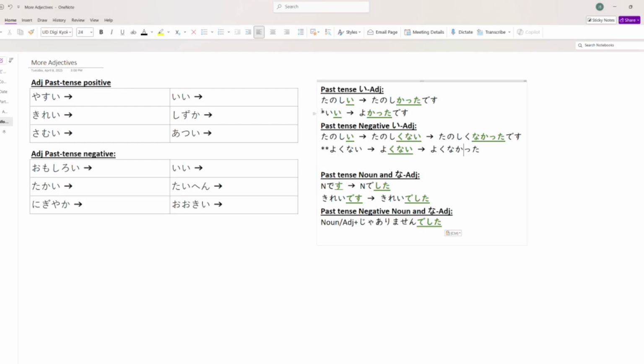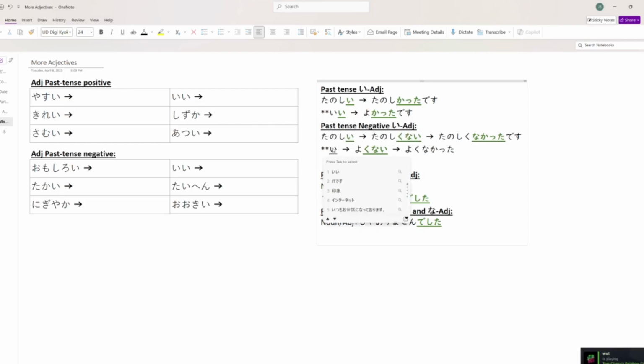And then I have the asterisk here for the adjective ii, just because it kind of does its own thing. Remember, it becomes yo, and then whatever the conjugation form is, and not like this first i. So that's all that's going on there: yokatta.